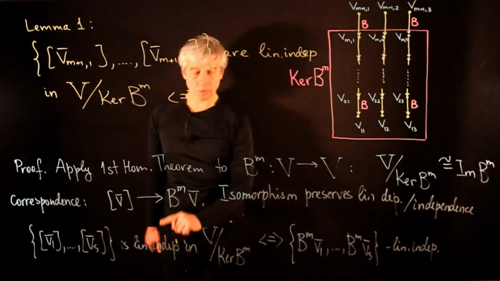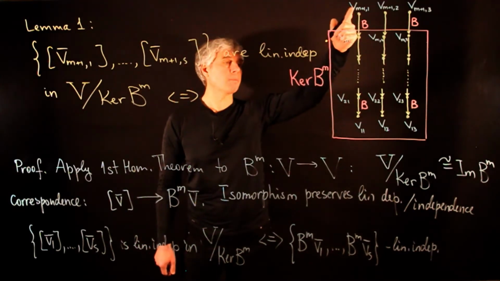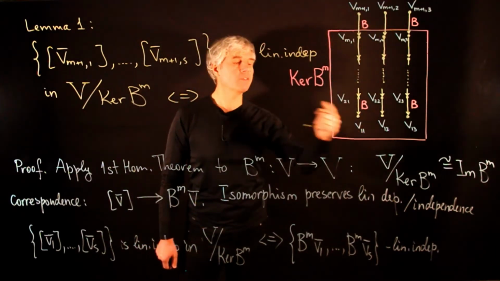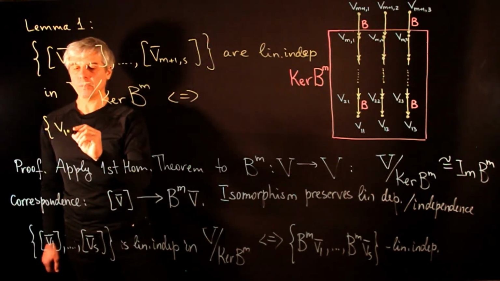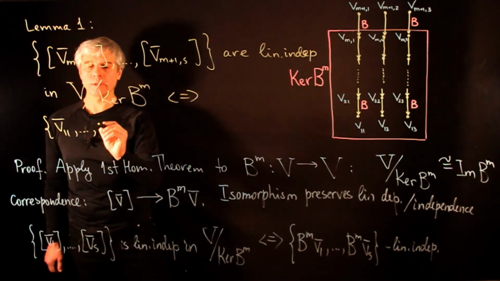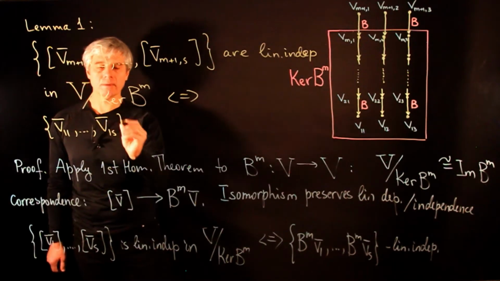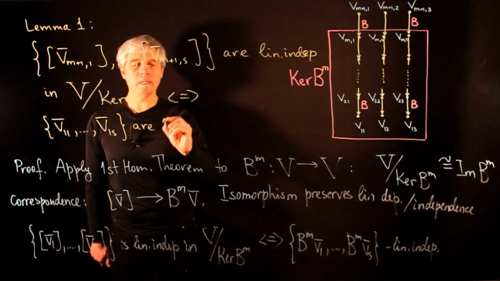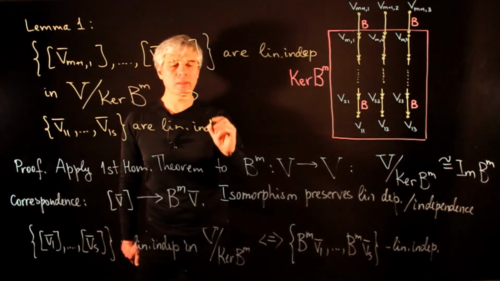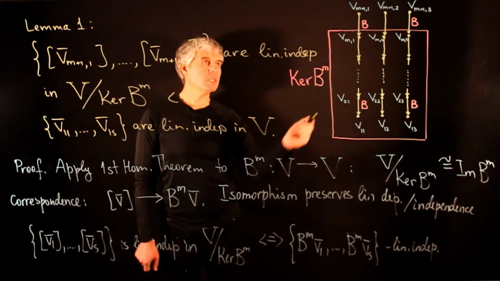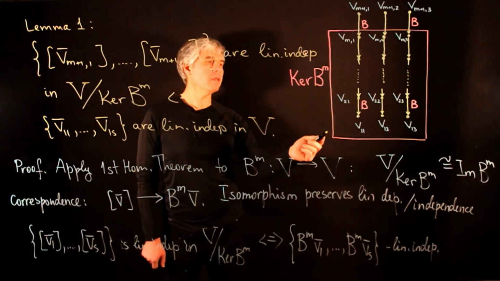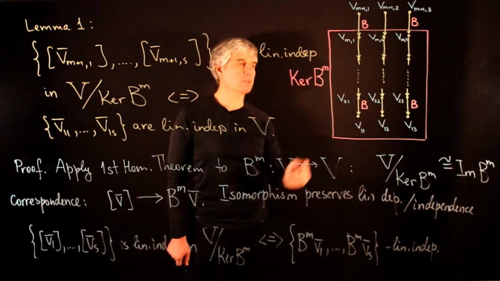So if we apply B to the power m to the top vectors, we get vectors at the bottom. So we get that vectors v11 through v1s are linearly independent in V. This is the interpretation of lemma 1 in terms of these strands.